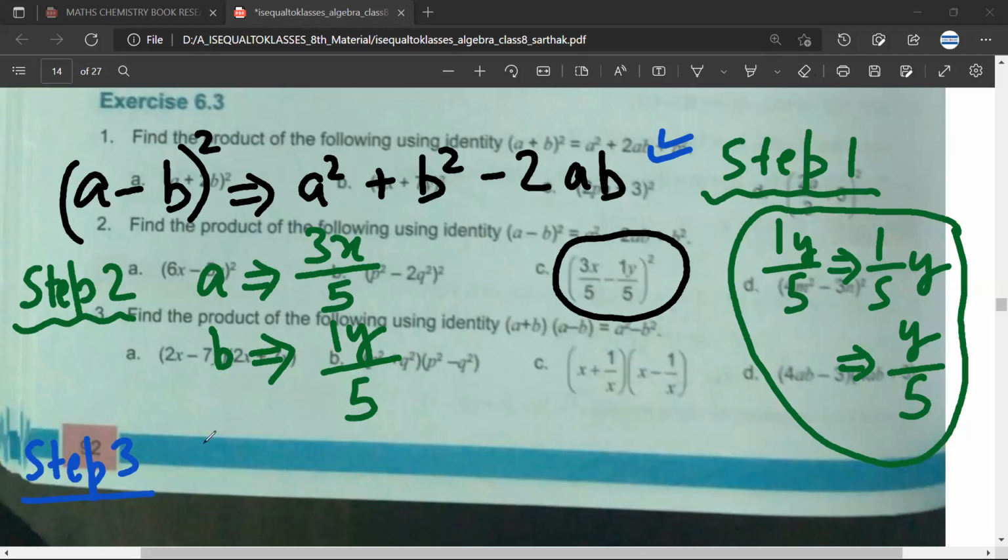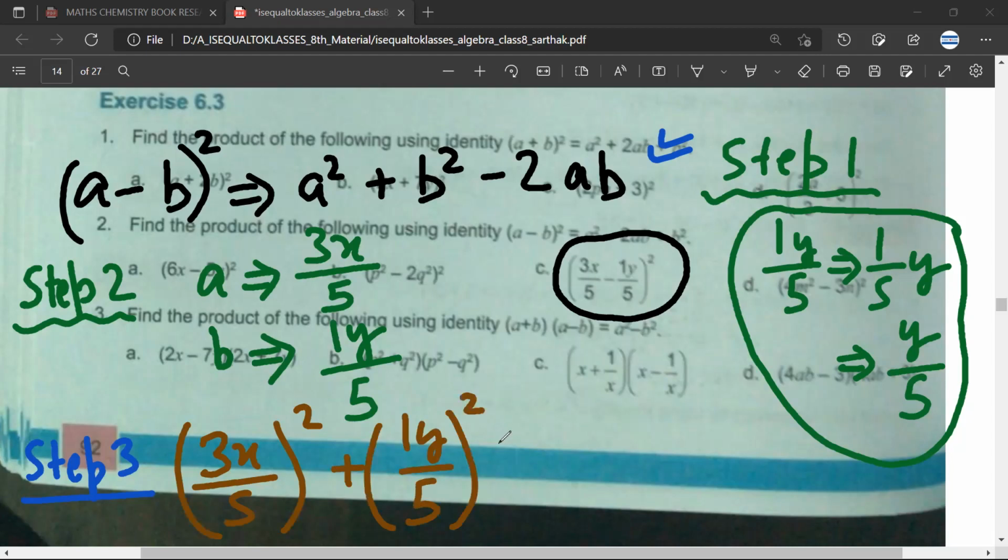So my a square is (3x upon 5) square plus (1y upon 5) square minus 2 into 3x upon 5 into 1y by 5. Any doubt? No, sir.